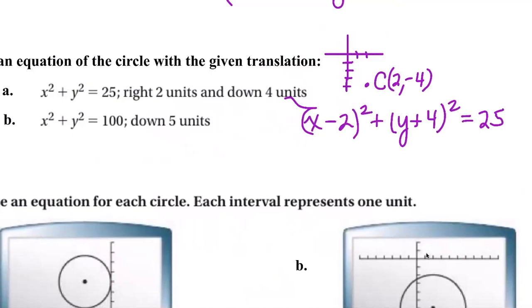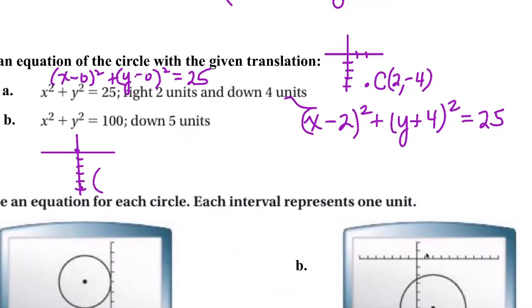Okay, for the second one, x squared plus y squared equals 100. We're going to move it down 5 units. So if we started out at the origin, which by the way, these are like x minus 0 squared and y minus 0 squared. That's how I know we started at the origin. Okay, so if I started at the origin, I went down 5.